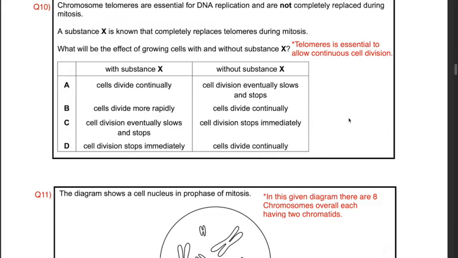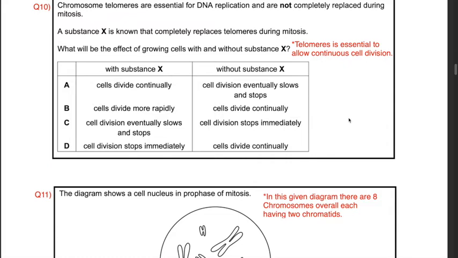Therefore, without substance X, cell division eventually slows and stops, because substance X does replace the telomere, and if telomeres are continuously replaced, that means telomeres are available for continuous cell division to occur. Therefore, with substance X, cells divide continually, and without substance X, cell division eventually slows and stops.